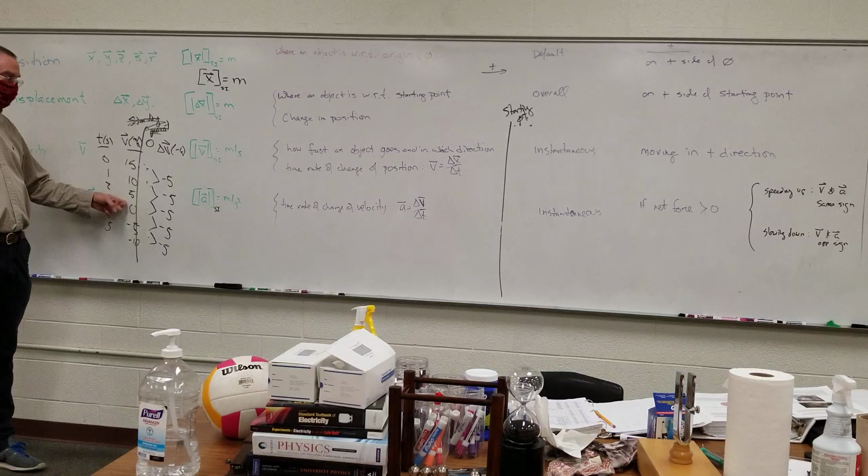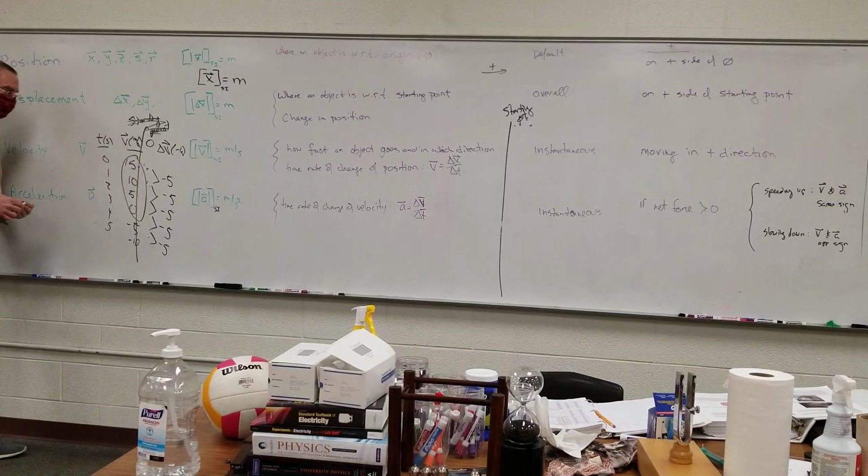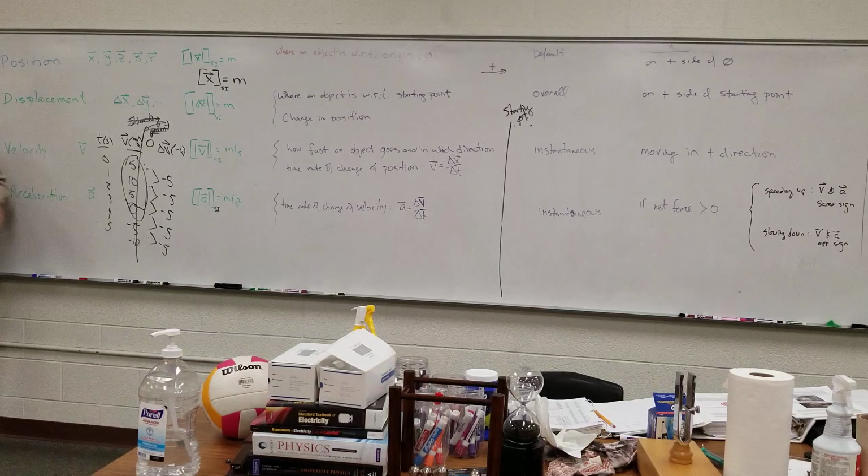The velocity is positive the entire time. What this means right here is that just before you get to the 0, your velocity is positive this entire time, which means you're going in the positive direction. You have not changed directions. You're just moving in a straight line, but you're getting slower and slower. And then you stop, and then you start going in the other direction.